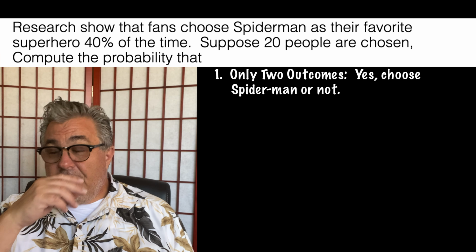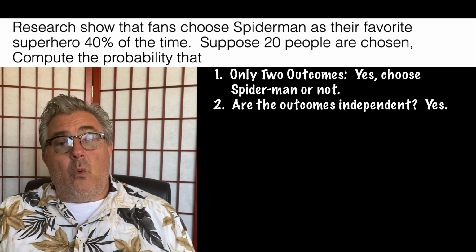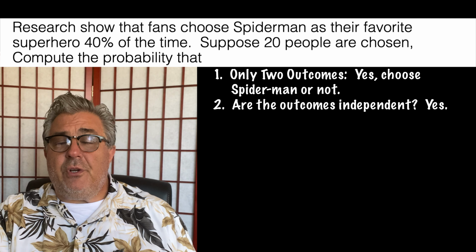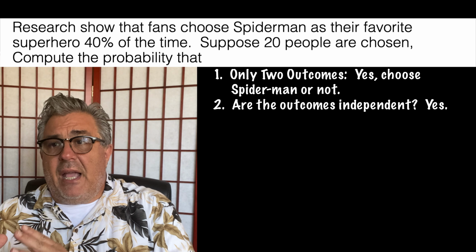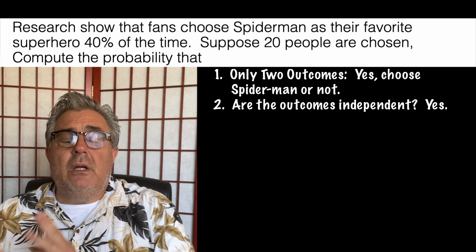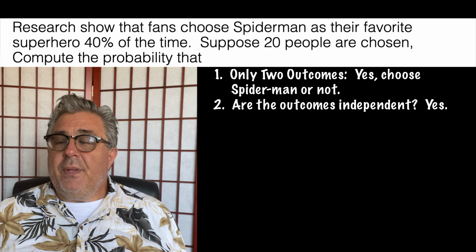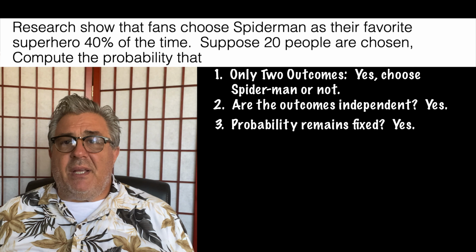Number two, are the outcomes independent? And the answer is yes. One person choosing Spider-Man as their favorite superhero does not have an effect on the outcome of somebody else choosing Spider-Man as their favorite superhero. Number three, that the probability of a success remains fixed.